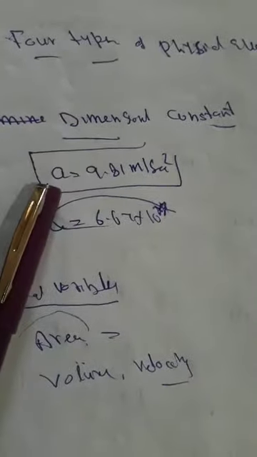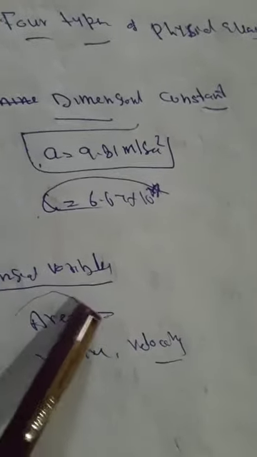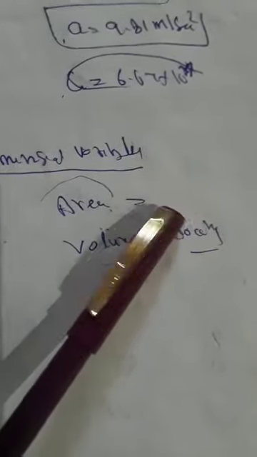For example, acceleration due to gravity, universal gravitation constant, means आपको अभी दिखाया कैसे निकालते हैं हम. Dimensional variables, these are some quantities which are having different values, but even then they possess dimensions. Suppose area, किसी का एरिया कम निकल सकता है, किसी का एरिया ज़्यादा, किसी की वेलोसिटी कम, किसी का वॉल्यूम कम, किसी का वॉल्यूम ज़्यादा, but even then they are having dimensions. These are called dimensional variables.